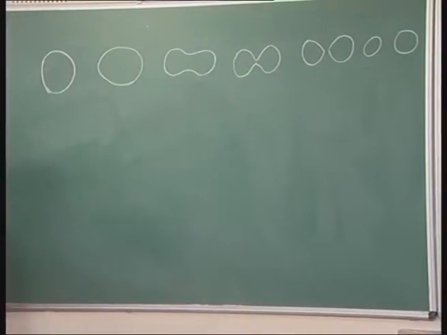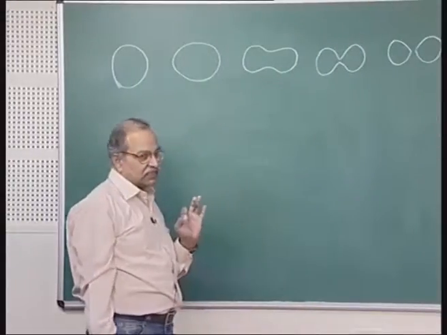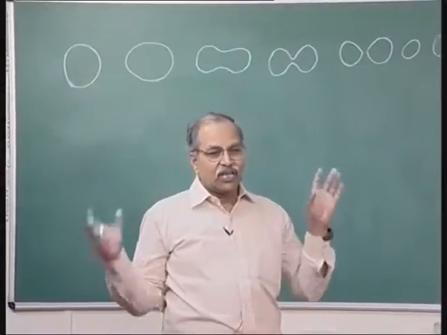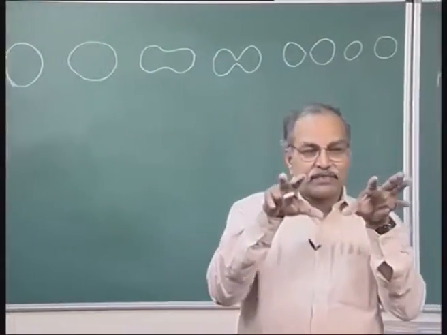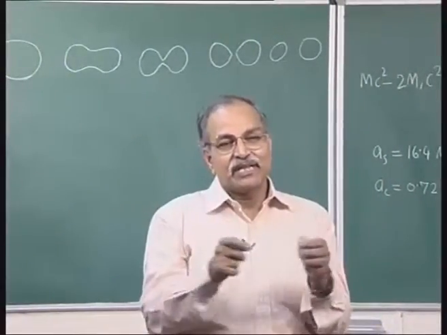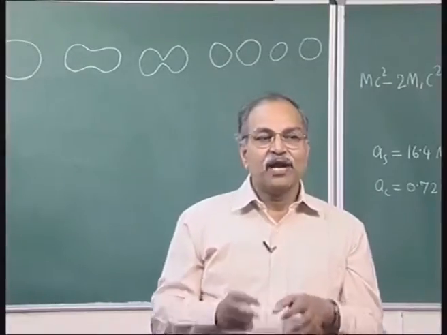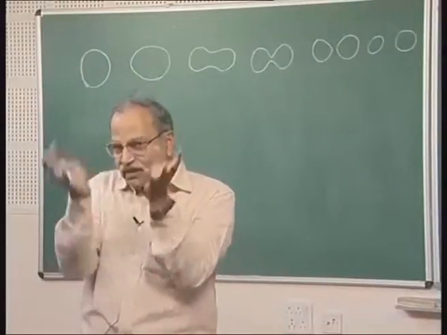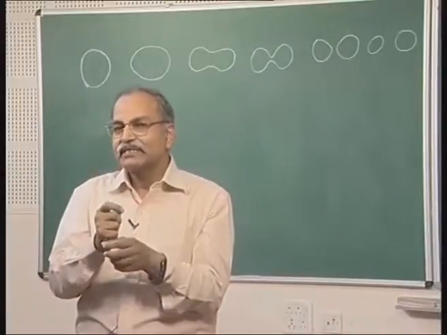So, Bohr and Wheeler took some deformation parameters, and roughly speaking the deformation parameter could be, think of this whole thing as two lobes, two masses, and the separation between their centers you can take as the deformation parameter. So, if you have one single sphere, that means the two parts are all occupying the same volume and the deformation parameter is 0.